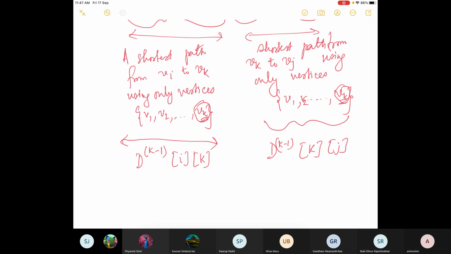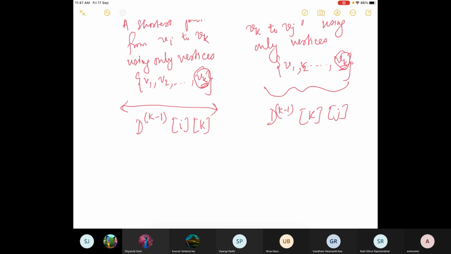Now, any path cannot be shorter than this. Do you agree with me? This is by construction, because dk minus 1 is the shortest.